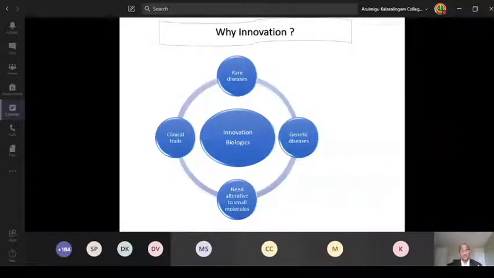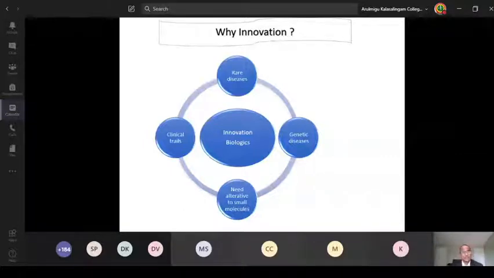Biologics are mainly derived from mammalian cells or microbial cells. The drugs which conventionally follow recombinant DNA technology, monoclonal antibodies, and also cell cultures, vaccines, CAR T cells. So these are called biologics. They follow current typical technologies.